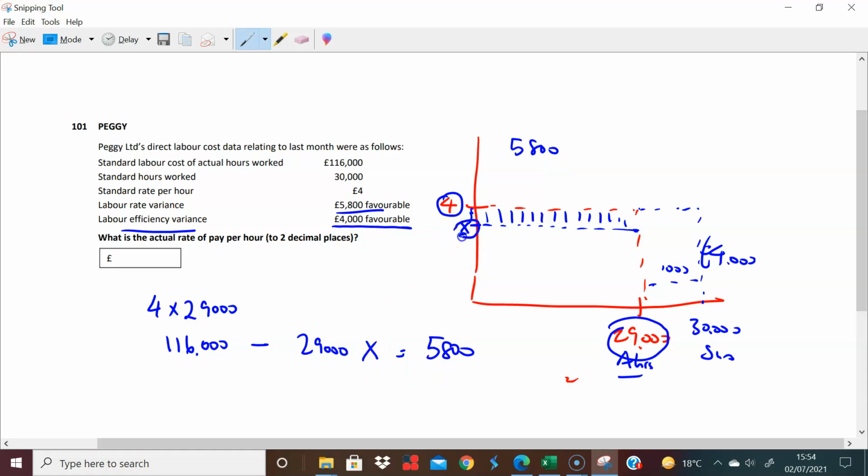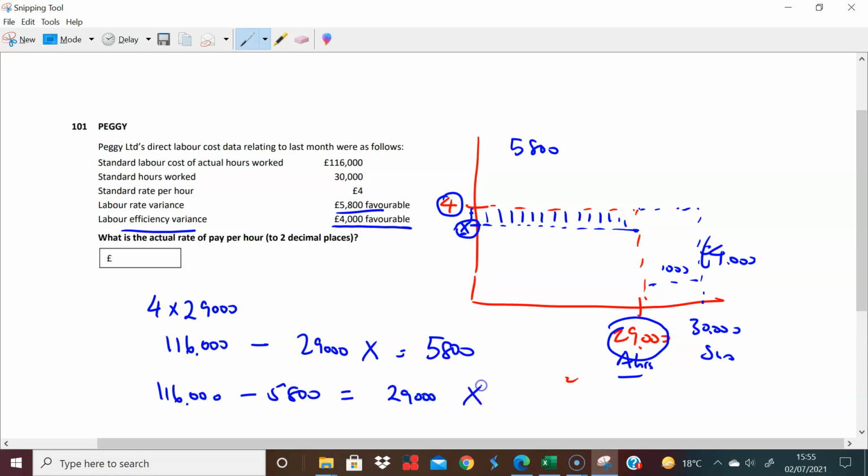The question is asking what the actual rate was, so it's important that you get that picture in your mind. The standard labor cost of actual hours, less the actual labor cost, which is the actual rate times the actual hours, is that difference, the labor rate variance.